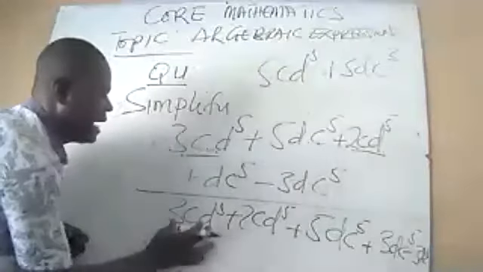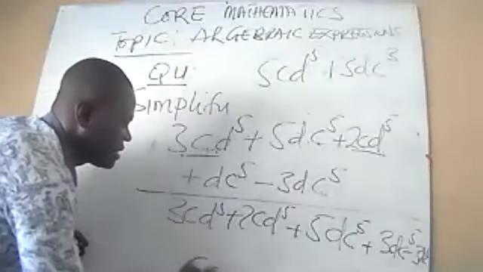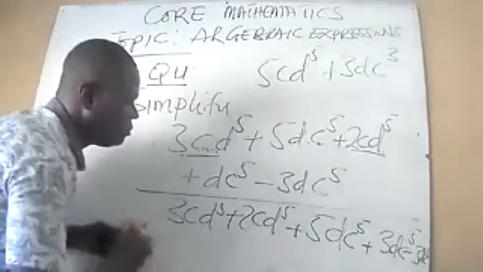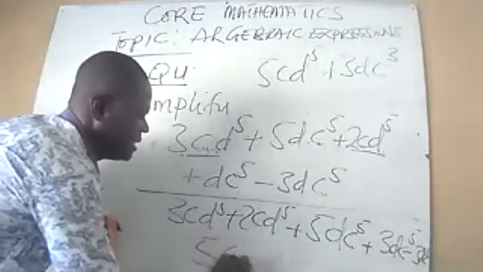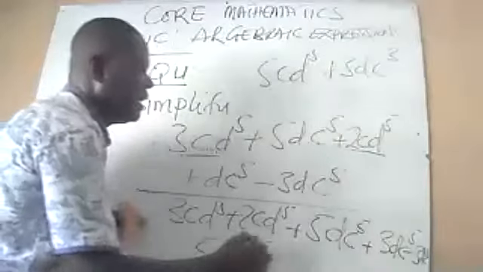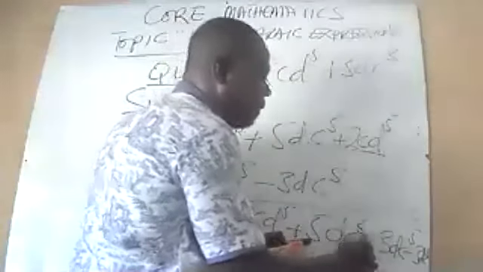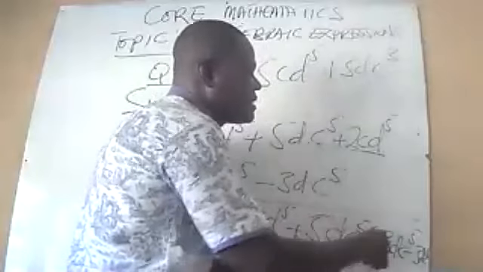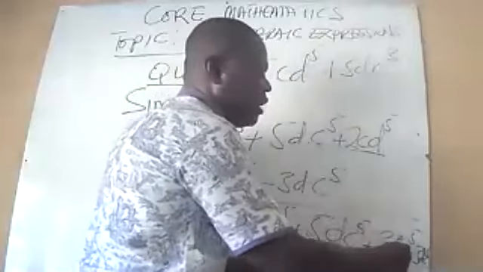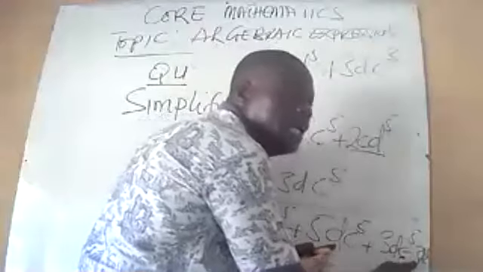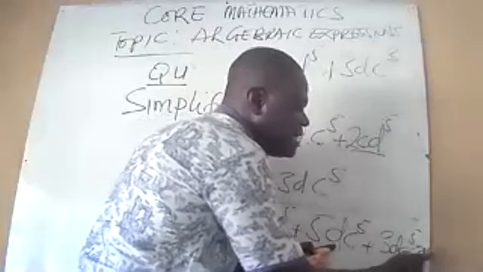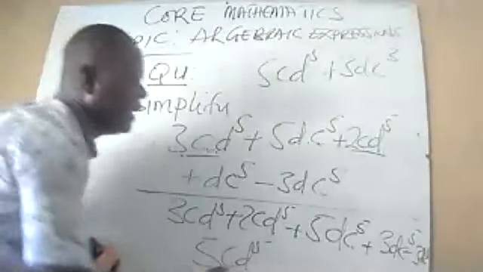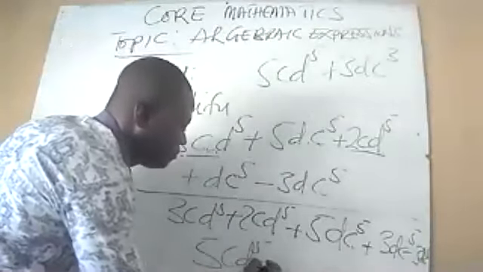When we add the first two, we shall get 5cd exponent 5.